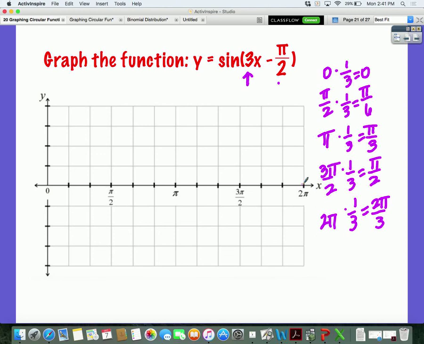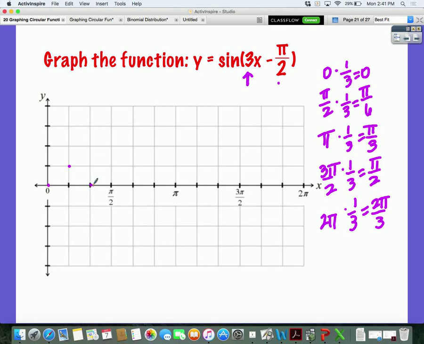Okay. So now all the big 5 have basically gotten squished in. So 0 still is 0. But now I'm at pi over 6, 1. Instead of being at pi, I'm at pi over 3, 0.